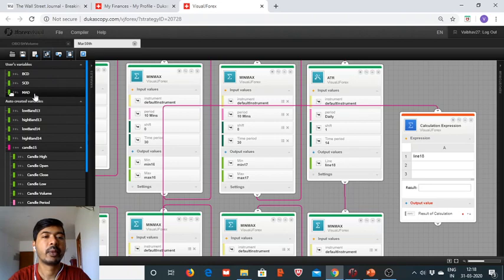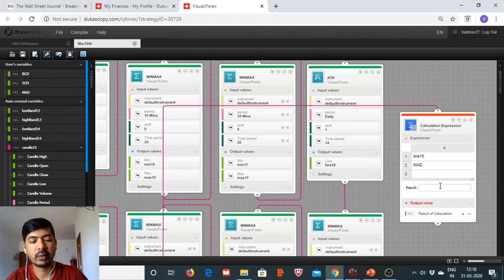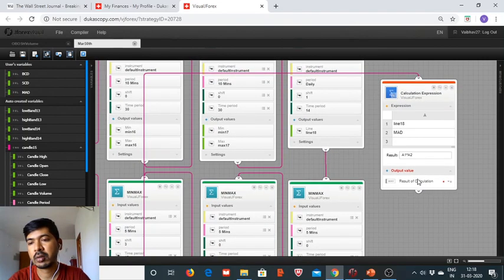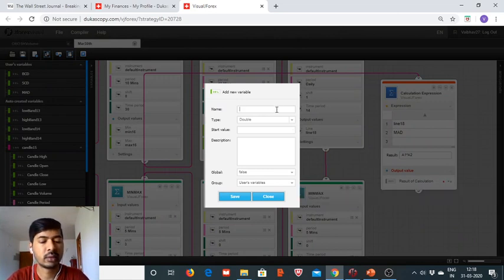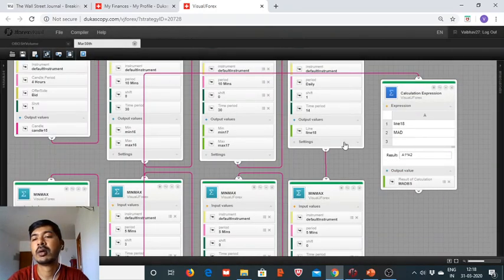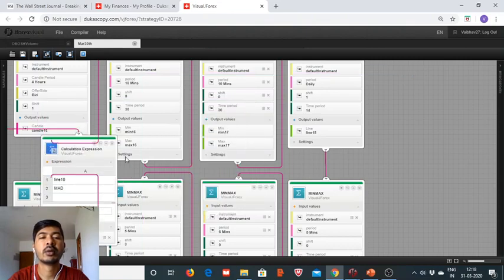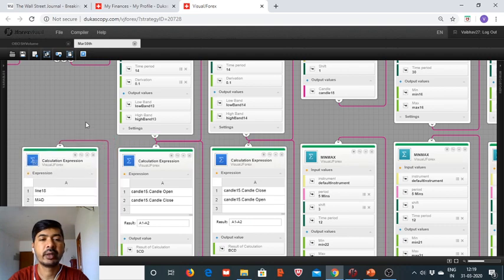We will multiply the ATR by 0.3 to get a value which will be equal to 30% of the ATR. So we have this minimum ATR difference for buy and sell. So we have defined these conditions now.